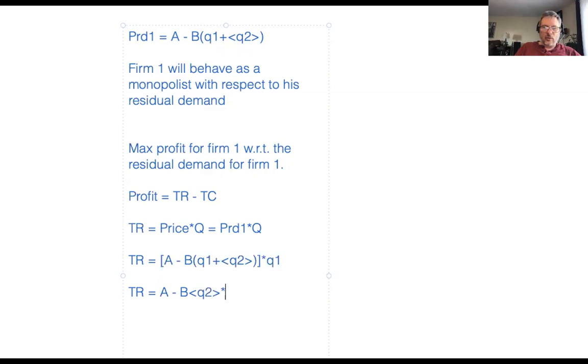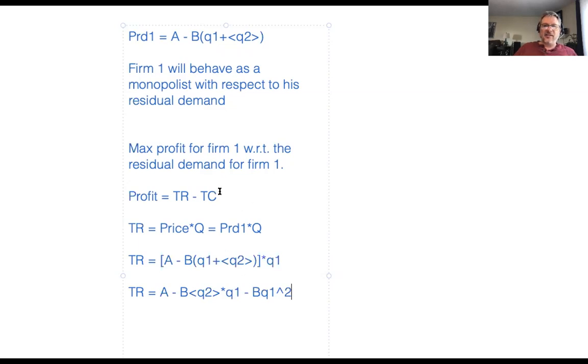Q2 times Q1 minus B Q1. And now, right, it's Q1 squared, right?